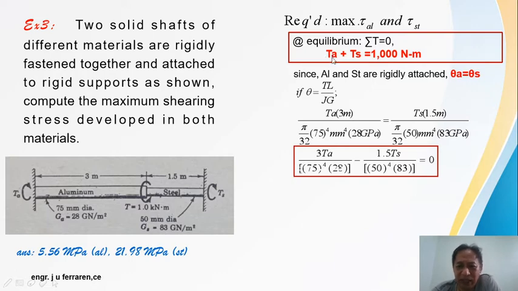If I started with TA, I simplify 3 over the expression that is left after removing these, 75 to the fourth power and 28. Then I transpose because my TS is found at the left, so minus TS, and I have 1.5 over 50 to the fourth power, then 83.